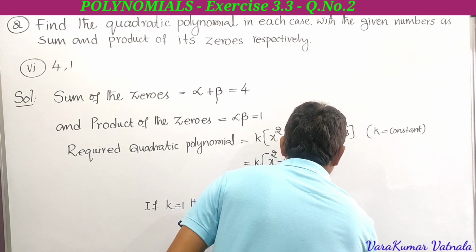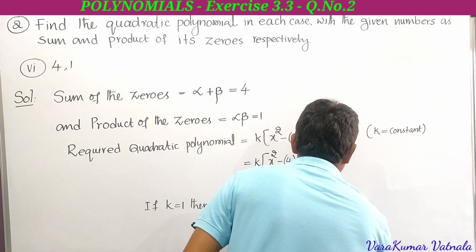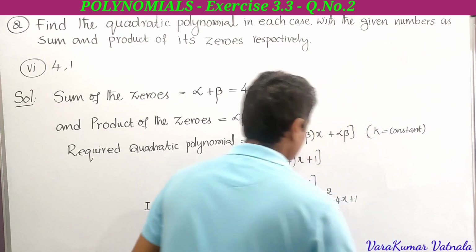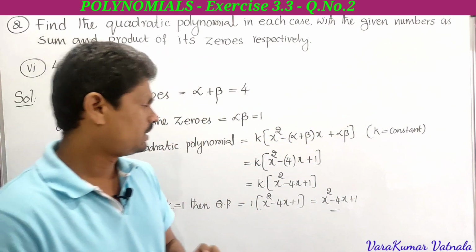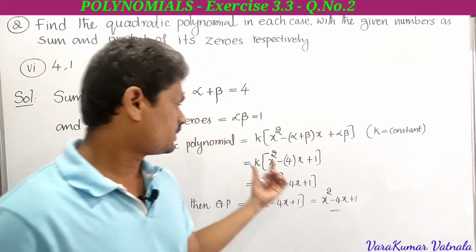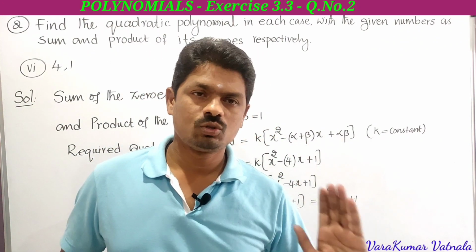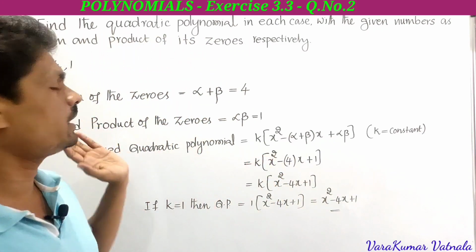So it is equal to x square minus 4x plus 1. So this is the required quadratic polynomial with sum of the zeros 4 and the product of the zeros 1. So this is the sixth bit in the second problem.